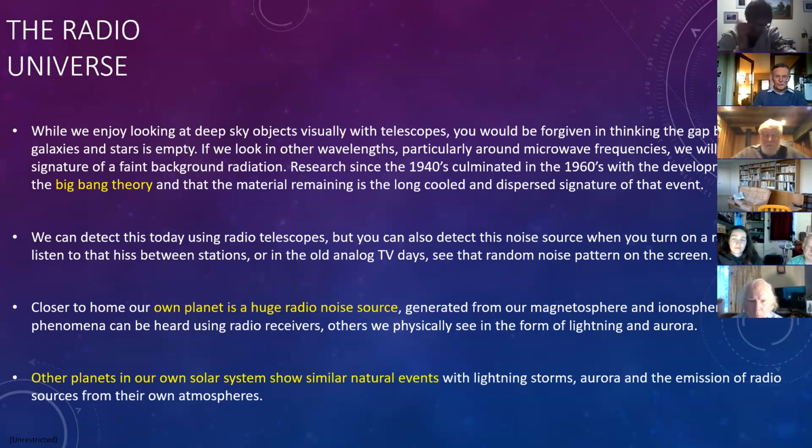And we also see it in the form of aurora as well, which is our magnetosphere interacting with charged particles from the sun. Again, we can't necessarily see that, but it visualizes the energy that is traveling in the atmosphere around us.